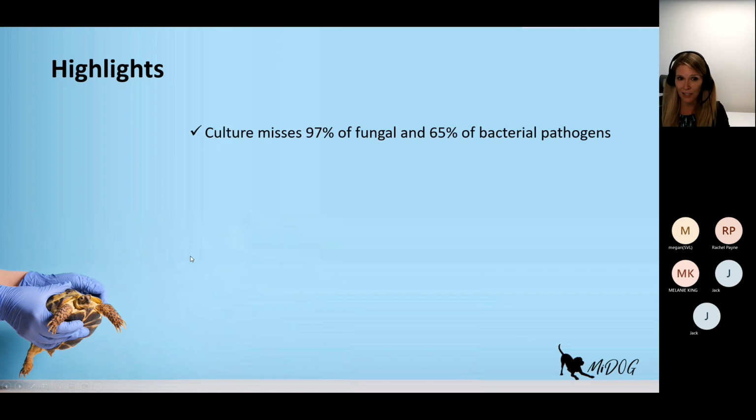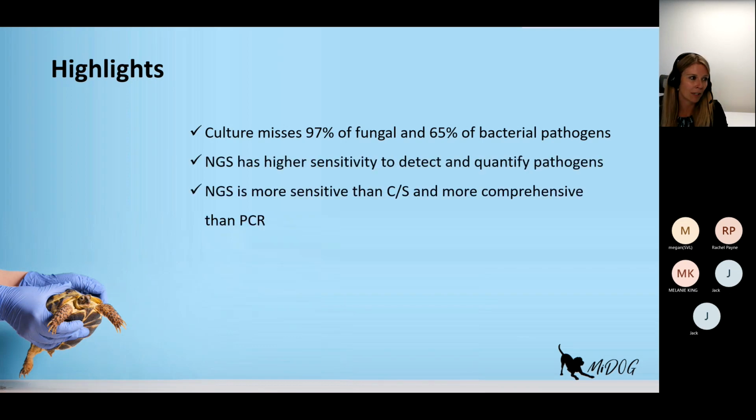Okay, so briefly to summarize the highlights of today's webinar, culture easily misses a lot of fungal infections. In our specific study, 97% of fungal infections and even 65% of bacterial infections. And thus, NGS has a higher sensitivity to detect and quantify those pathogens, even if they are unculturable or tough to grow in the lab, or if they would take several weeks to grow.